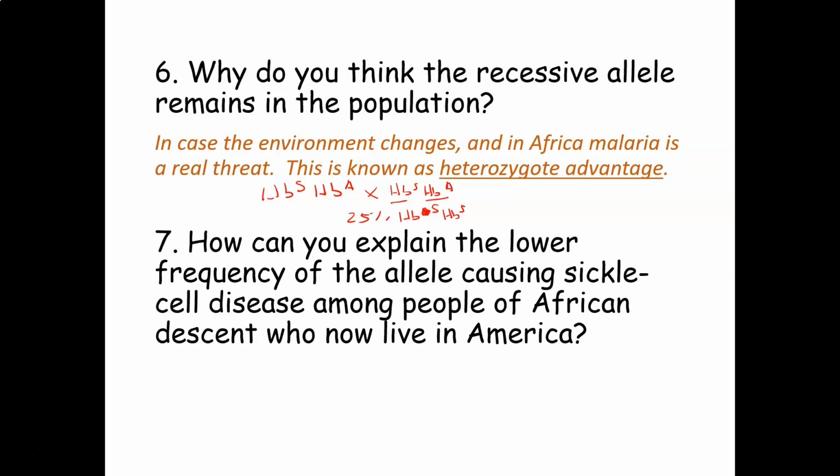And by being a carrier, although you're increasing your likelihood of passing on the recessive allele and having children who have that recessive trait, that risk of producing a sickle cell child is, from an evolutionary standpoint, outweighed by the protection that you get by having the single sickle cell allele, where you are not showing the sickle cell disease, but you also have protection against malaria. Does that make sense?